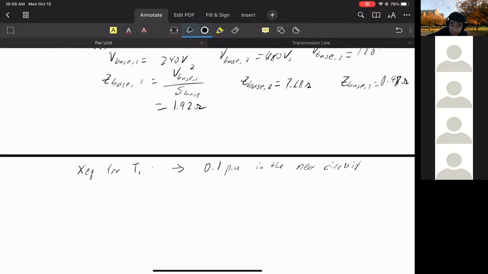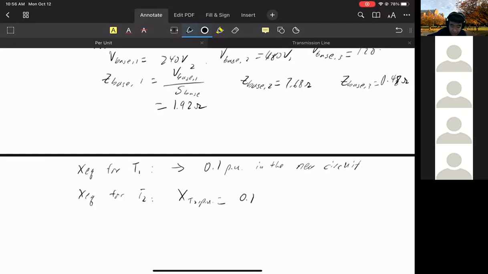But then we need to do a new one for transformer 2. For transformer 2, we now need to do a conversion. So let's say Xt2 per unit is the old value multiplied by the old base divided by the new base.